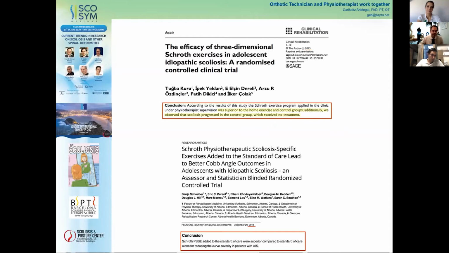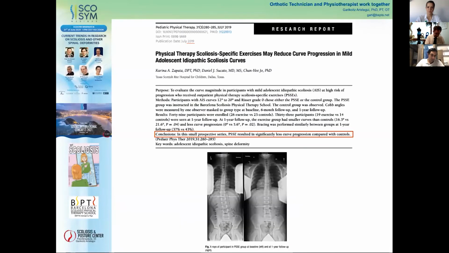And also, for example, the Sandra Schreiber article published in 2016, Rigo physiotherapy: the scoliosis specific exercises added to the standard of care were superior compared to the standard of care.